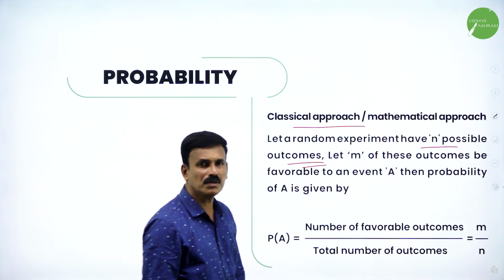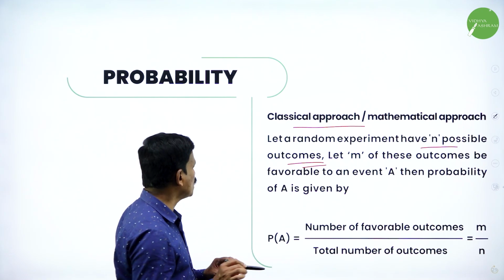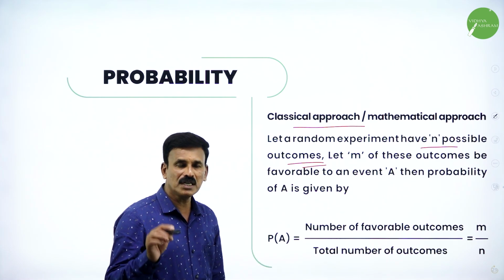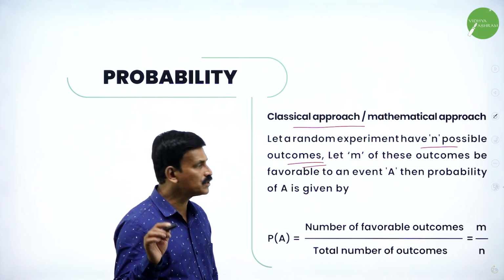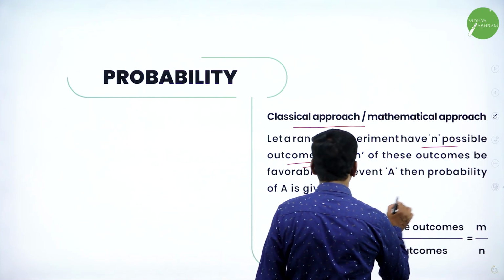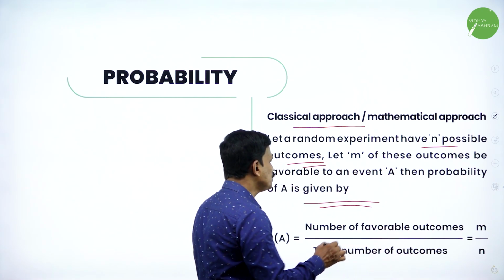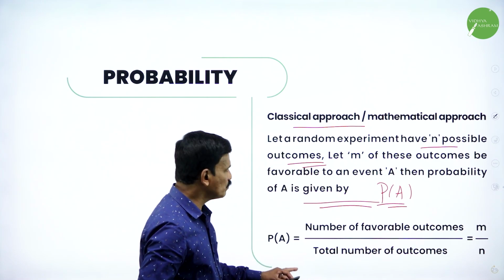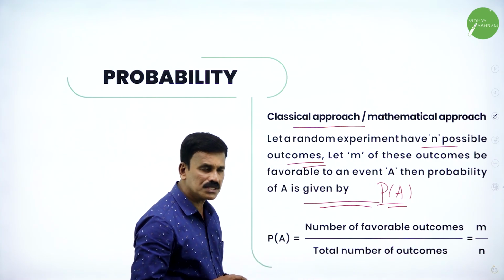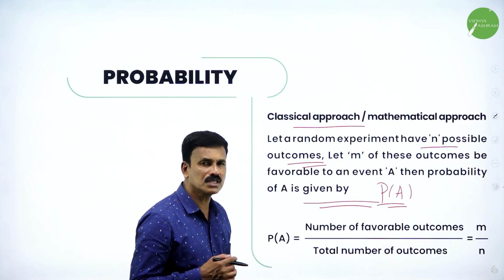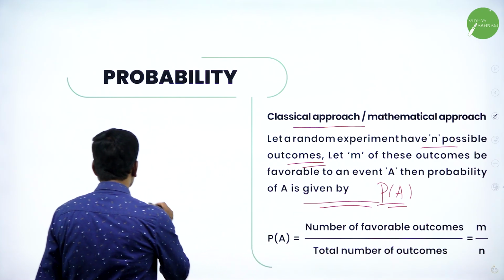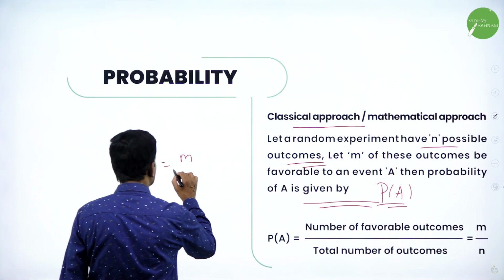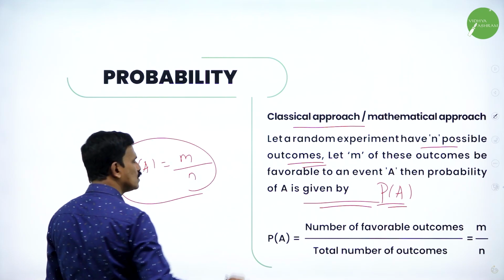Let m of these outcomes be favorable to an event A. Then the probability of A, denoted P of A, is given by the number of favorable outcomes divided by the total number of outcomes. The probability of A is equal to m by n. So, the number of favorable outcomes divided by the number of possible outcomes is called the probability.